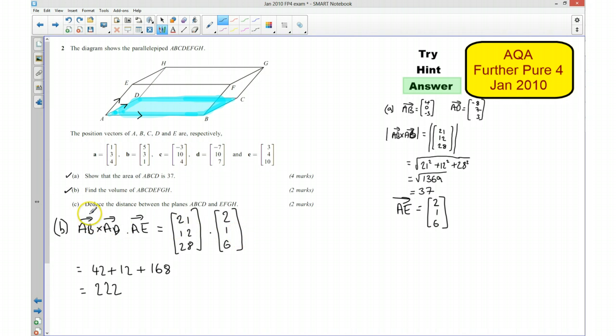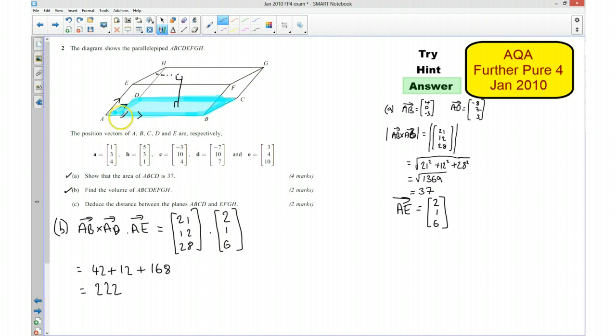Okay, for part C, we need to deduce the distance between the planes ABCD and EFGH. So that's going to be the perpendicular distance from there to there. Just draw a right angle in there to show that it's perpendicular.